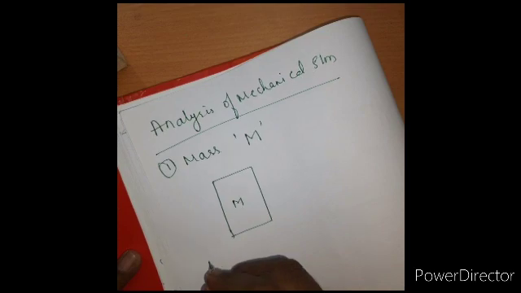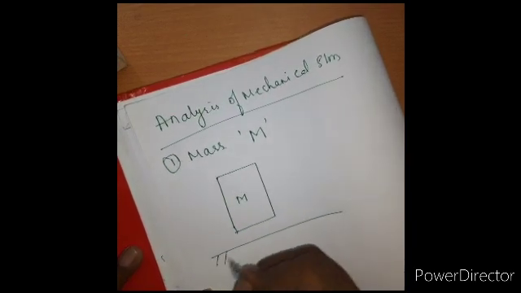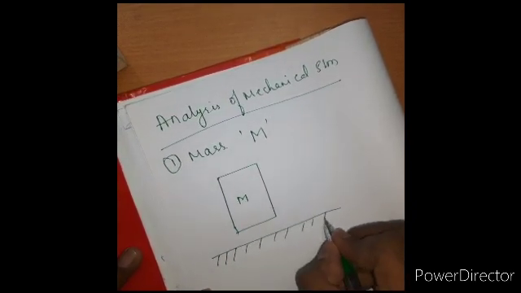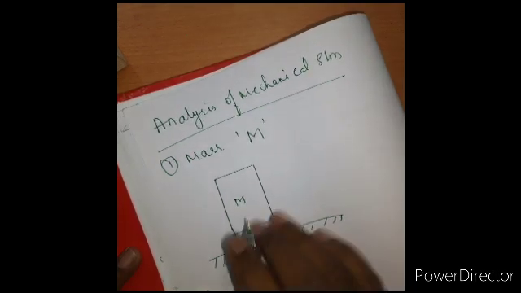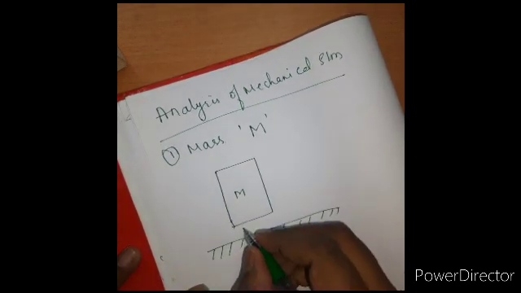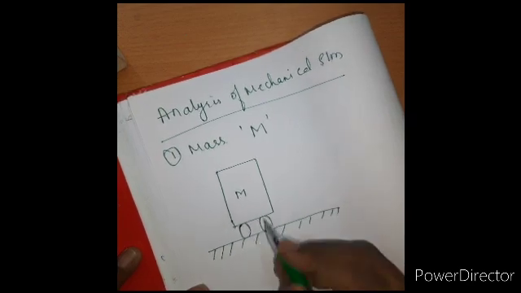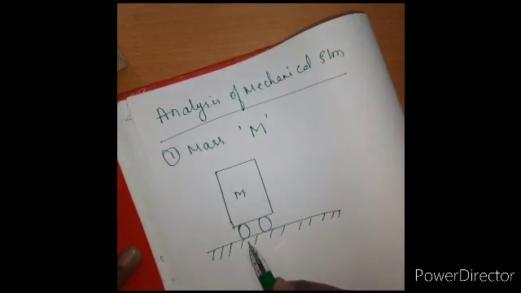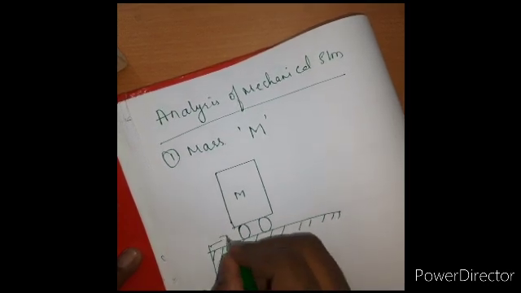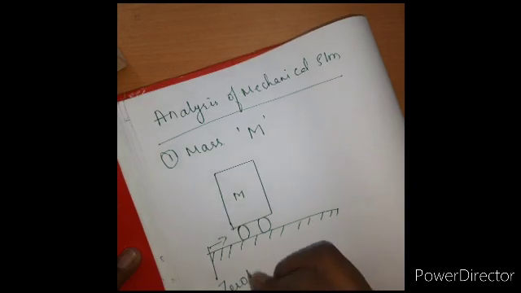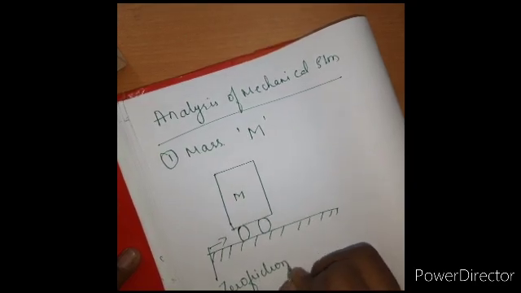Now let us consider a reference. Without giving any force, this mass will not move. In certain cases, we will write like this. It indicates that the mass and the reference point are connected. But you have zero friction here.